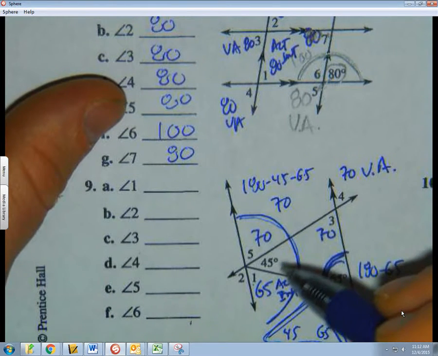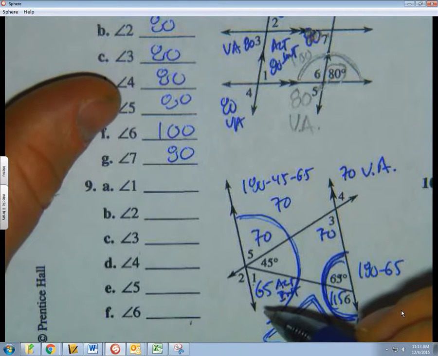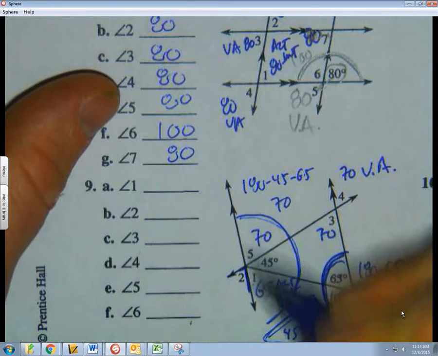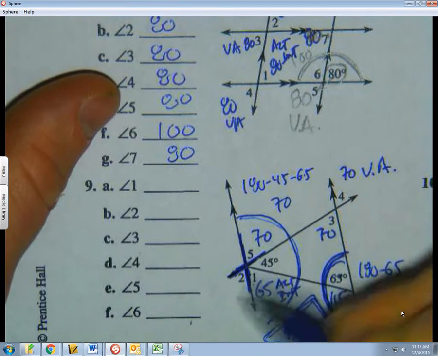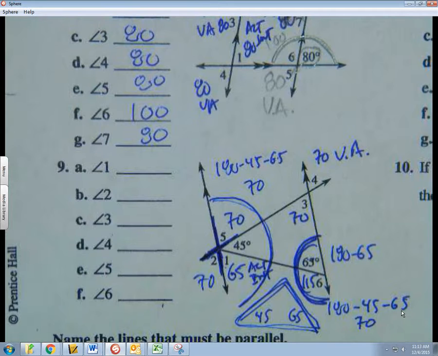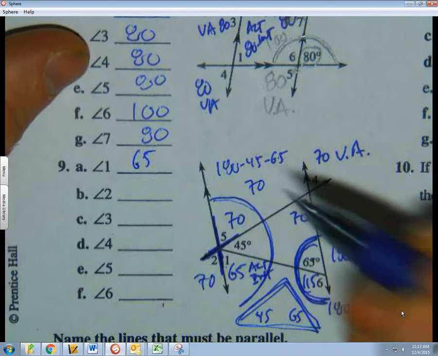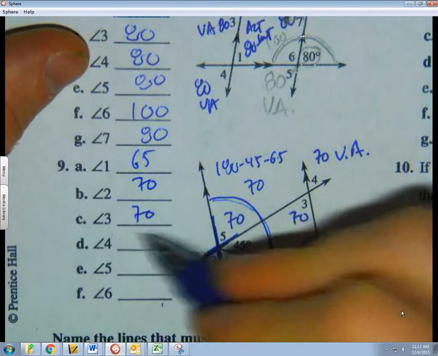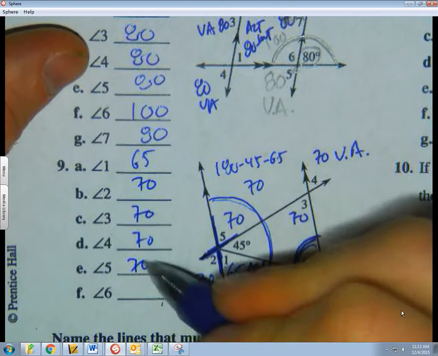So more than one way to make a taco. 2. If you notice, 2 and 5 are vertical. So 2 is 70. You've done the heavy lifting, just plug it in. 1 is 65, 2 is 70, 3 is 70, 4 is 70, 5 is 70, 6 is 115.